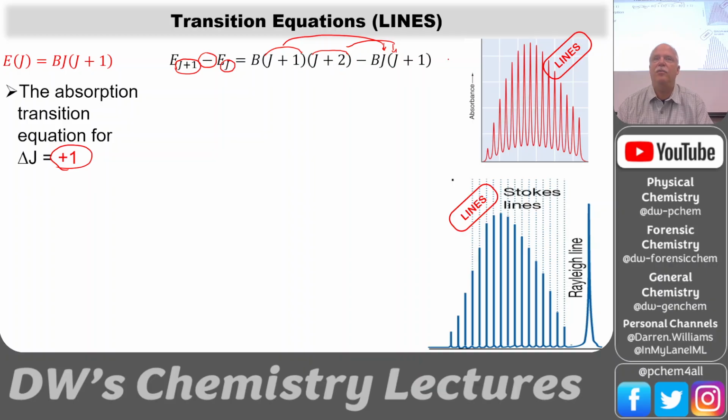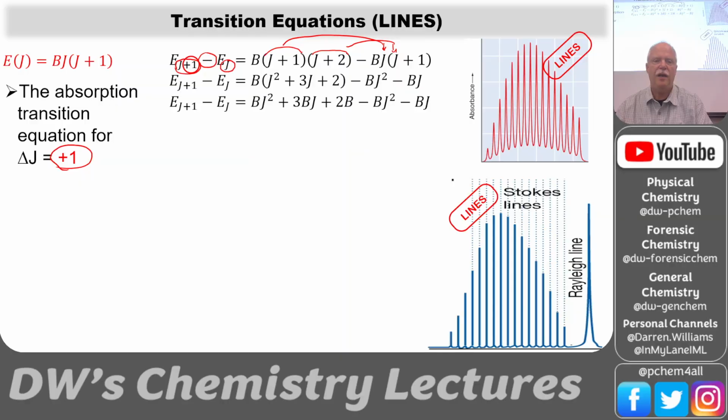Now, once you've set up the problem, it's just algebra from there. So we just pull B out front. We multiply J through, and then we pull B out front, and then we work through all of the different things. So we have a B times J squared minus a B times J squared. We have a 3B times J, and we have minus 1B times J, so that reduces that to 2.